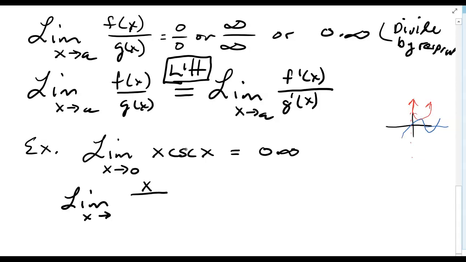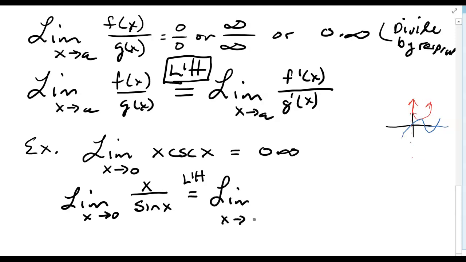Well, cosecant is 1 over sine, so it becomes x over sine x. So these limits are exactly the same as x goes to 0. Then I can apply L'Hopital's rule. And you can see I can apply L'Hopital because as x goes to 0, I'm going to get 0 over 0.